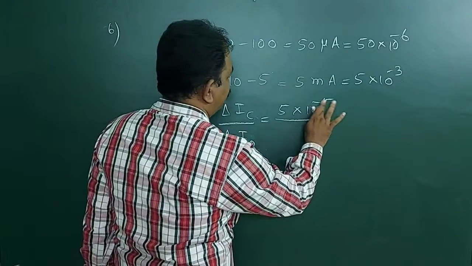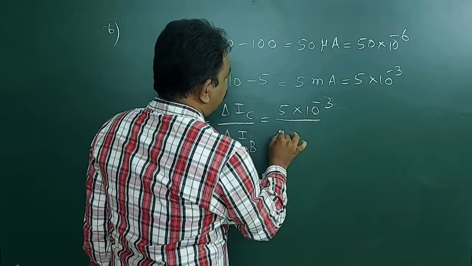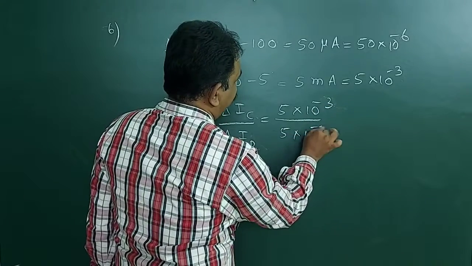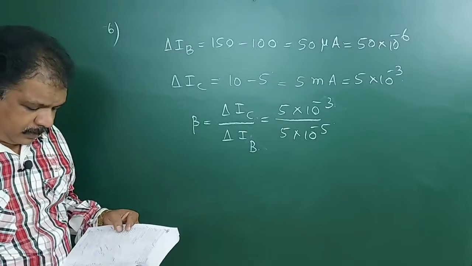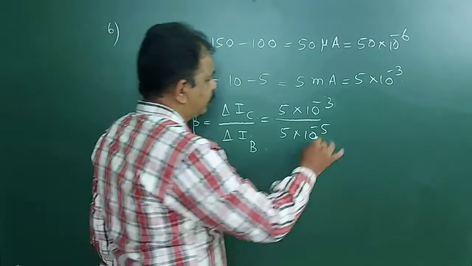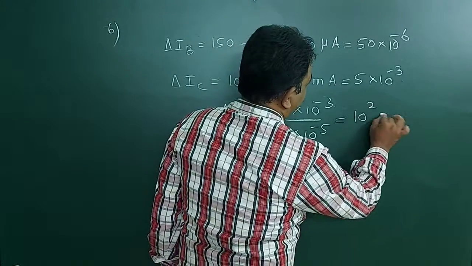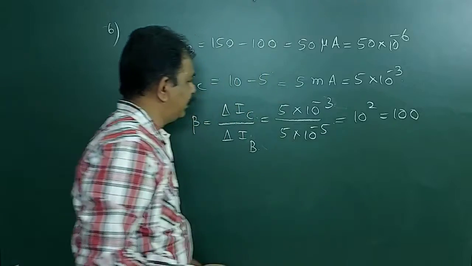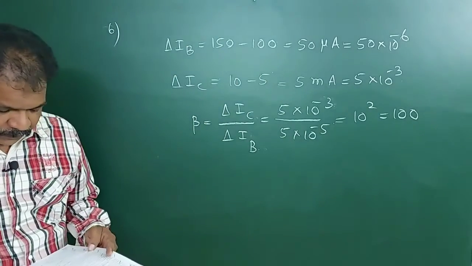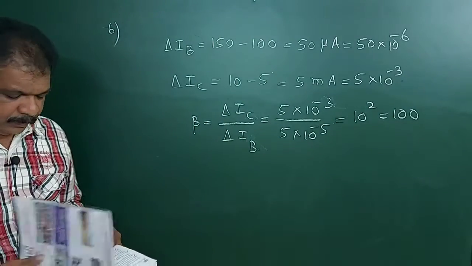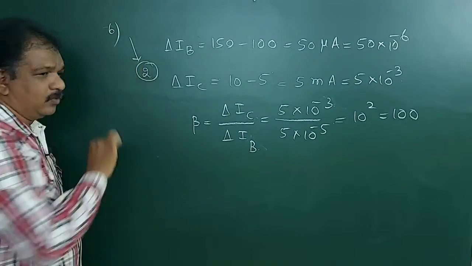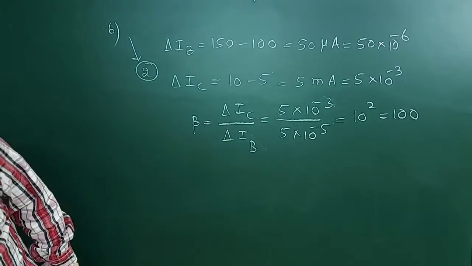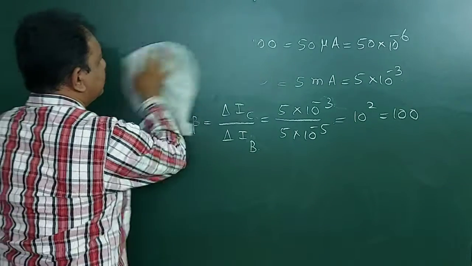So this value is 5 into 10 power minus 3 by 5 into 10 power minus 5. So it becomes 100. 10 square will remain, meaning 100. So sixth question, it will be the second option. Okay. Next, see the seventh.